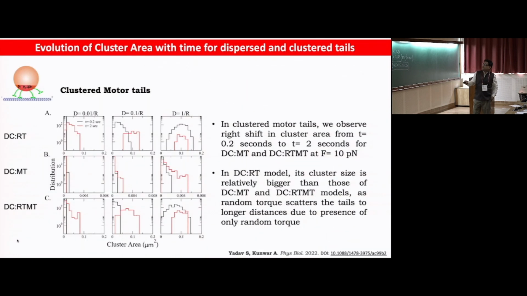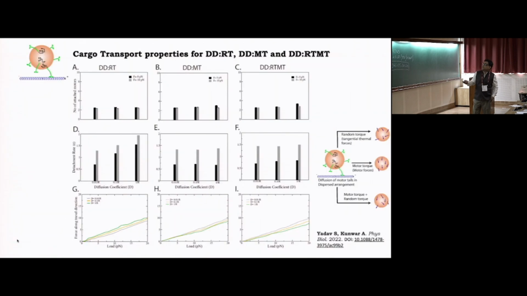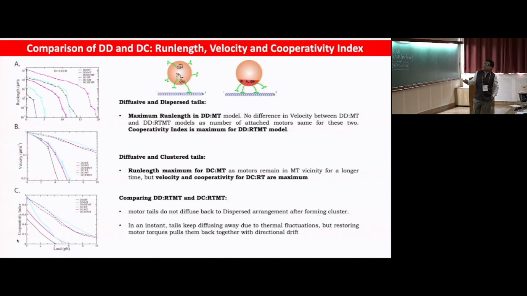I don't have time to discuss all the results, so I will just give you the summary. If we compare the diffusive and dispersed tails, we see the maximum run length in the diffusive dispersed motor torque model. If we compare the diffusive cluster tail model, the run length is maximum for the diffusive cluster model with the motor torque.